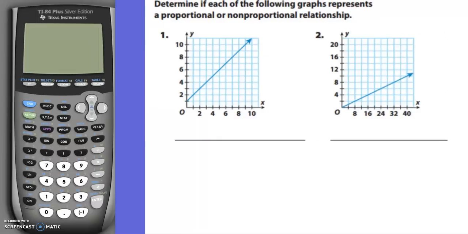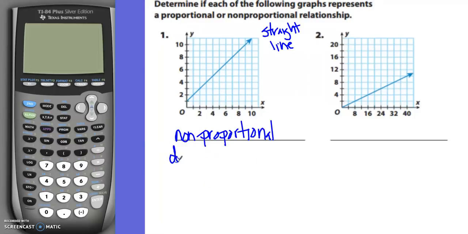All right, so let's look at an example. Determine if each of the following graphs represents a proportional or non-proportional relationship. Okay, number 1 is a straight line, but it does not go through the origin, so non-proportional. The reason why: it does not go through the origin.